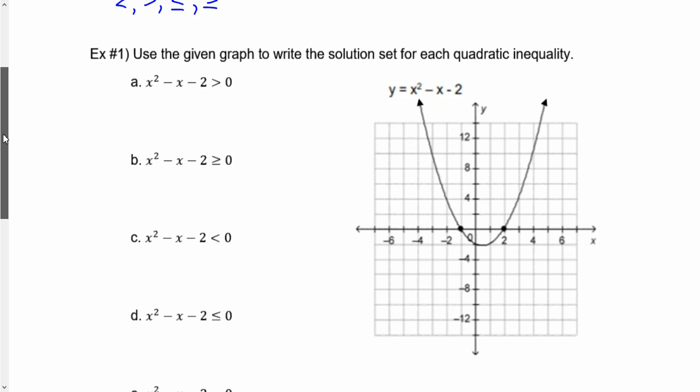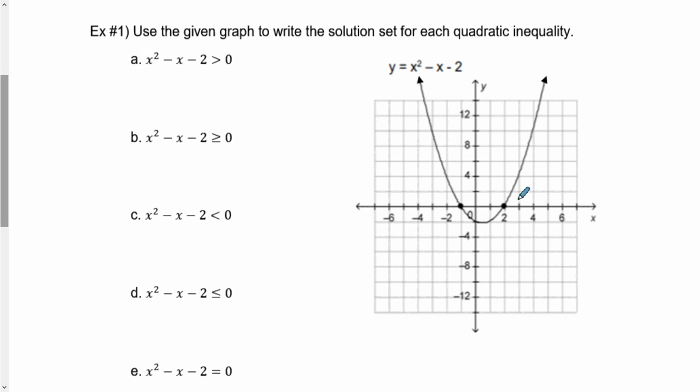All right. First example, we're going to use this graph to help explain the first bit. Using this graph, we're going to write the solution set for the quadratic inequality. Where is x squared minus x minus 2 greater than 0?